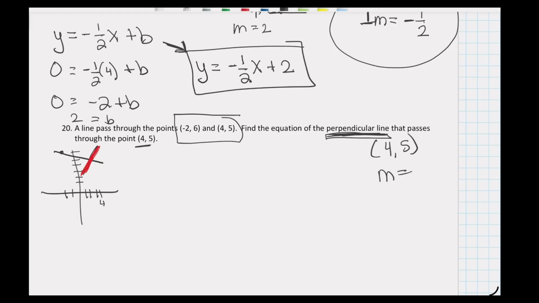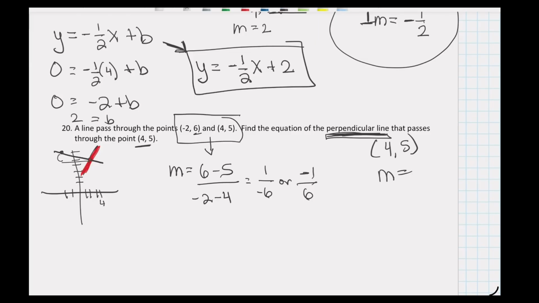But let's find this slope. We'll go 6 minus 5 over -2 minus 4. 1 over -6. Or -1 over +6. Yeah? All right.